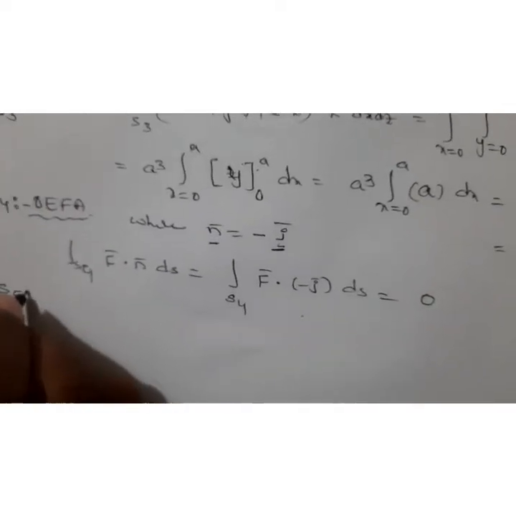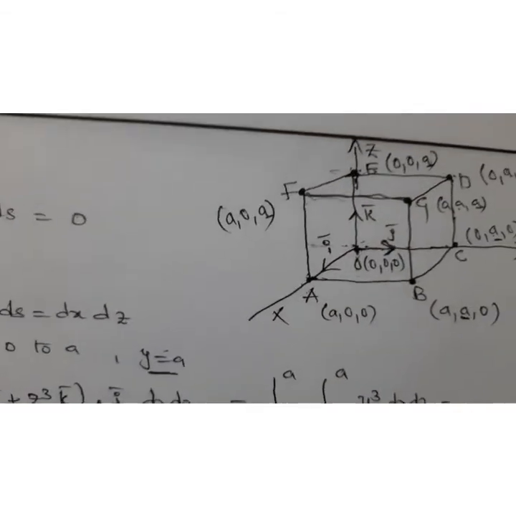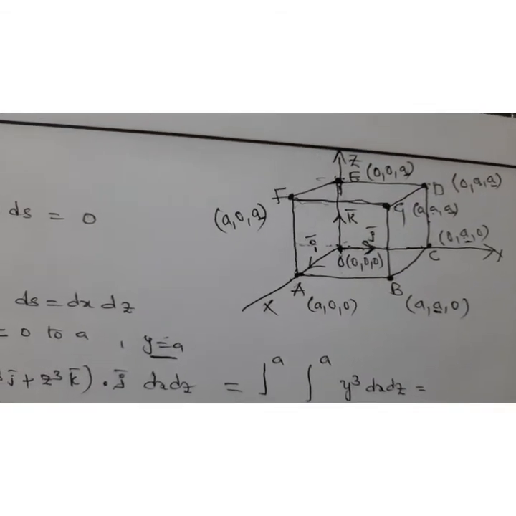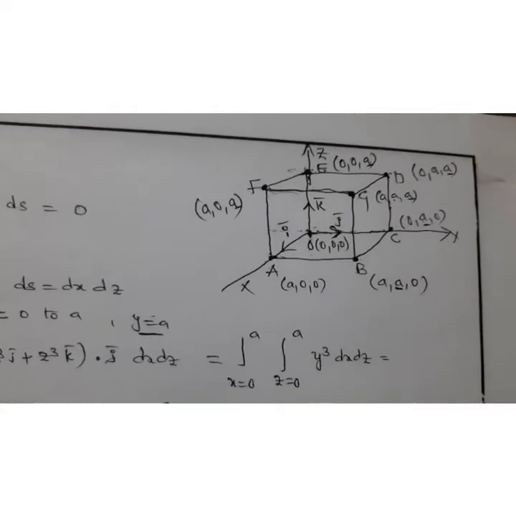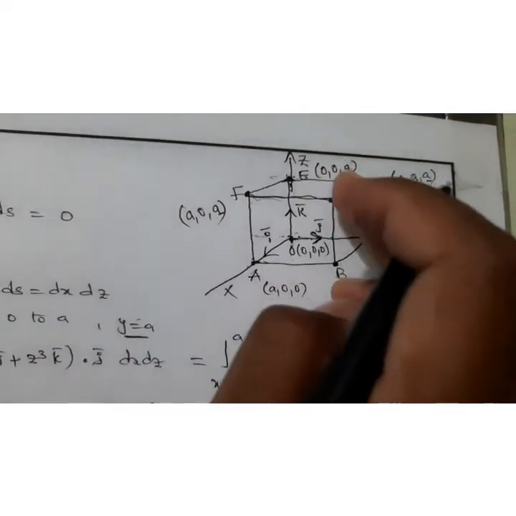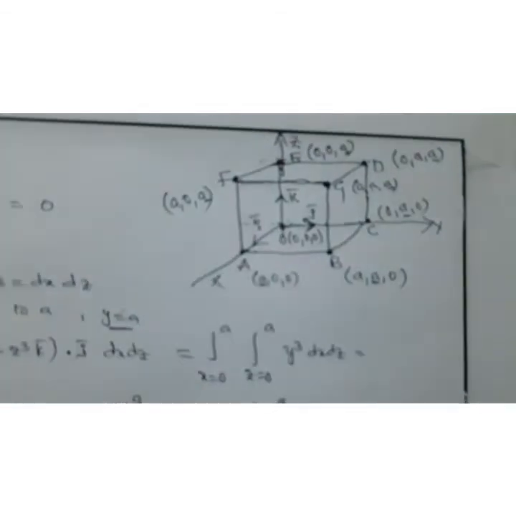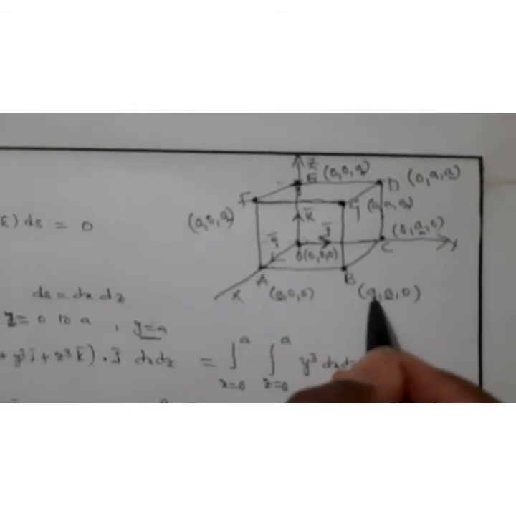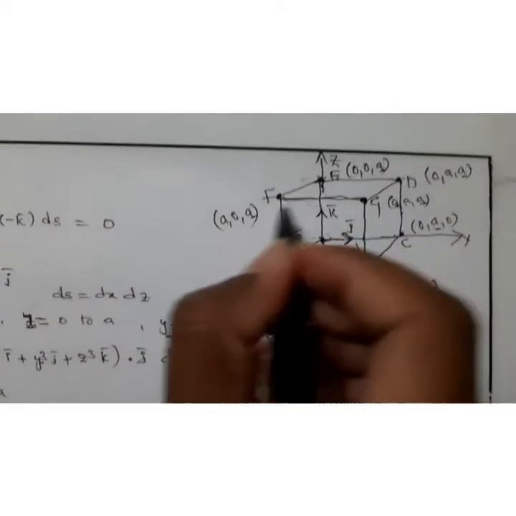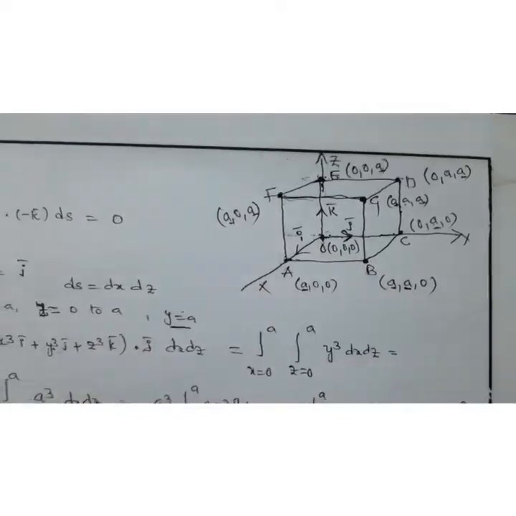Next, S5. The fifth surface is ABGF. In this ABGF, observe the first point A, x value a, B point x value a, G point x value a, F point is also x value a.